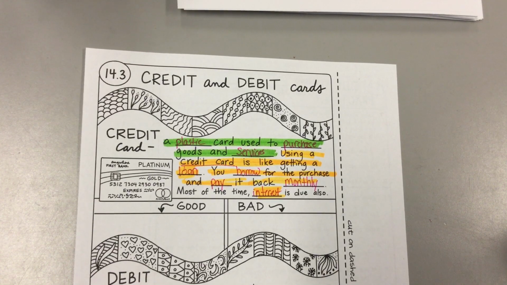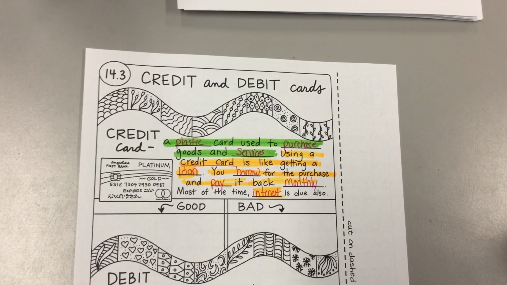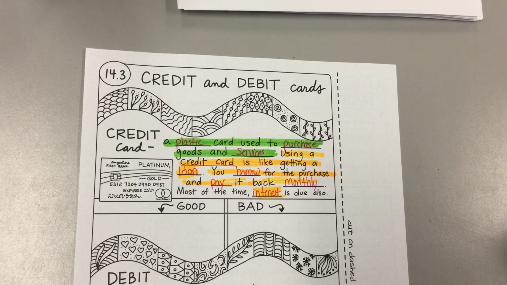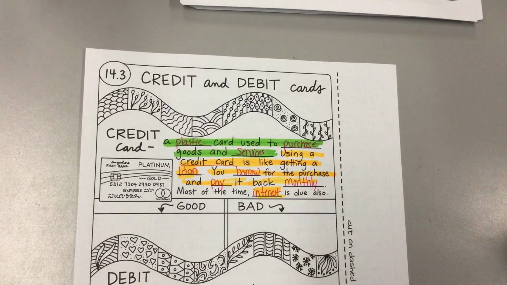So then you make 10 payments of $10 each. You think, okay, I paid off my $100. But did I? I didn't pay off my $100, did I? So that's the difference. When you are using a credit card, you have to be very, very cautious because that interest is going to occur.